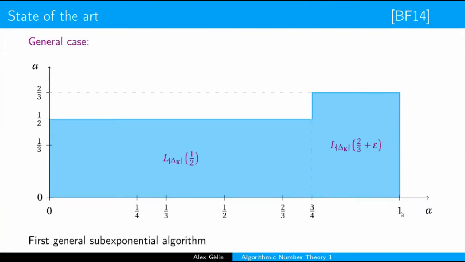If I translate the results of Biasse-Fieker in that diagram, then I get something generally in L of 2/3, but most of the time, when the extension degree is not that large, L of 1/2.